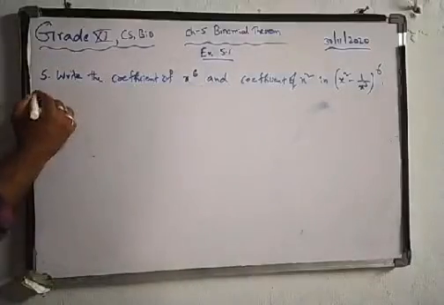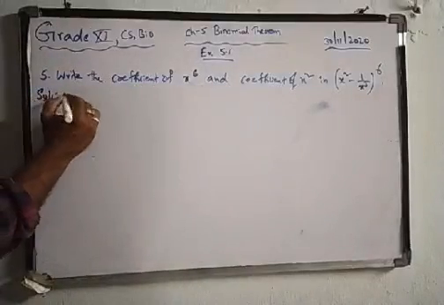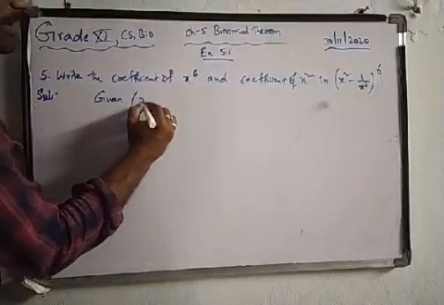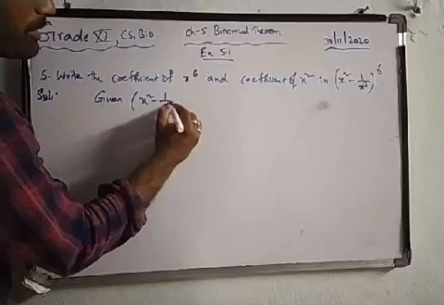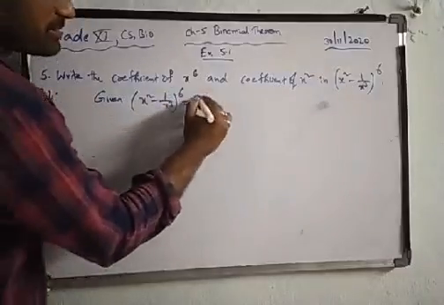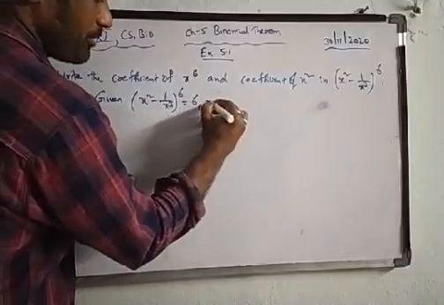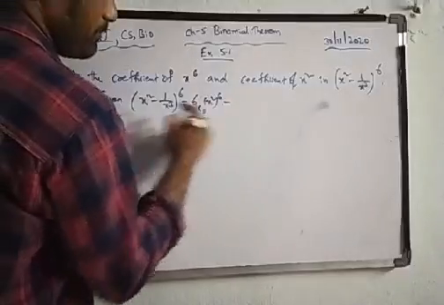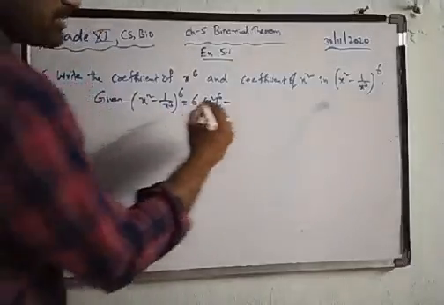Let us start doing the coefficient solution by using the binomial theorem. Given (x square minus 1 by x cube) whole to the power of 6. This can be written as 6C0 (x square) whole to the power of 6, with alternating signs because of the minus.